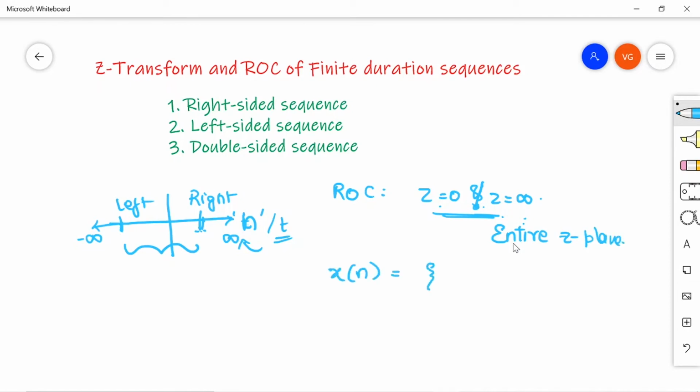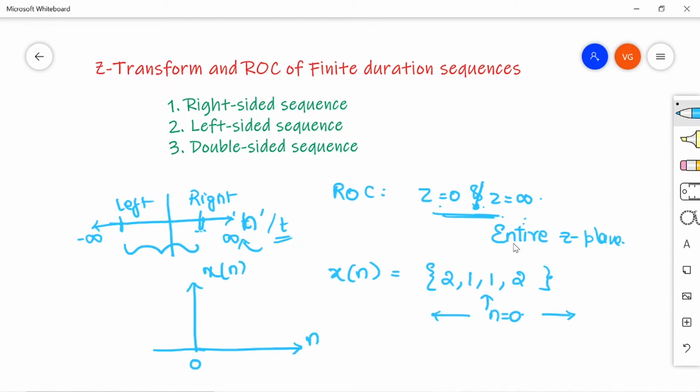See, x of n is 2, 1, 1, 2, somewhere here n is equal to 0, right? So the signal exists both on the left side and right side. See here, this is 0, x of n, right? So at n is equal to 0, you have an amplitude of 1. This is minus 1, minus 2 and 1. At n is equal to minus 1, you have an amplitude of 1.